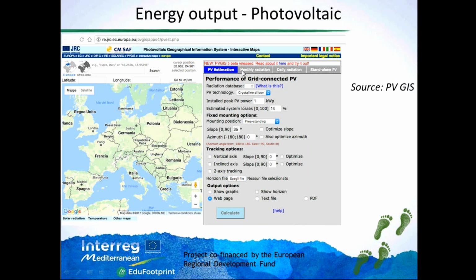And you can also ask the tool to do an automatic optimization of the slope and of the azimuth. So you can ask the tool to look for the best position of the solar plant, in order to collect the maximum of energy. Then there is also a different case, which is the tracking. Tracking means that the PV system is able to rotate, to move, in order to follow the path of the sun.